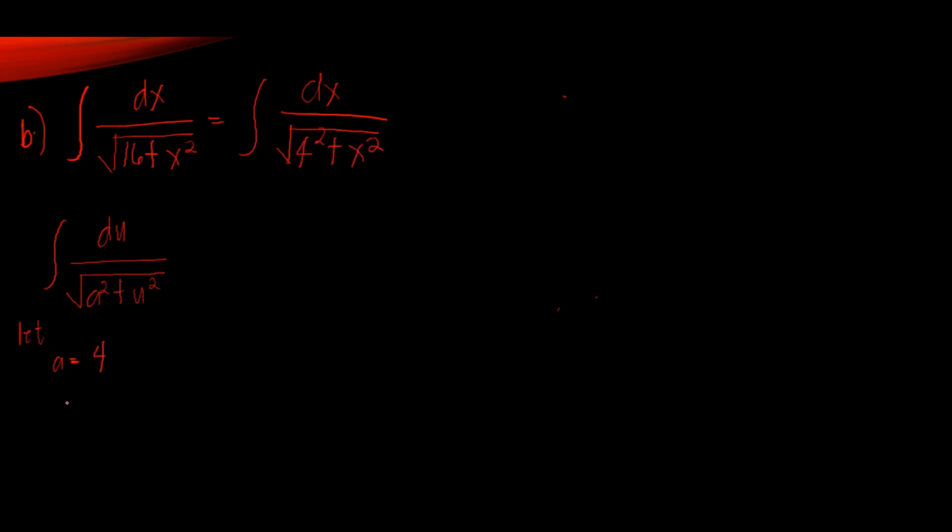So, let a be equal to 4 and u be equal to x. And du is equal to dx. So, from there, this can be written as the integral of dx, that is du, over the square root of 4 squared, that is the square root of 4 is a, plus u squared.